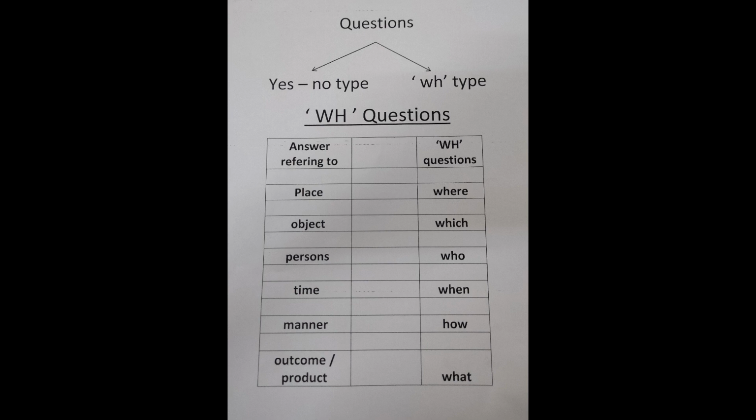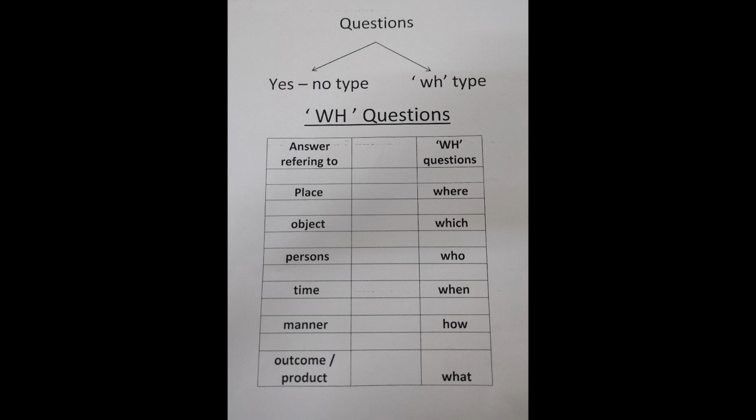When in the answer we are talking about a place, then in the question we make use of where. If we are talking about lifeless objects and lowly creatures, then in the question we use the word which. If we are talking about human beings, then in the question we use the word who.